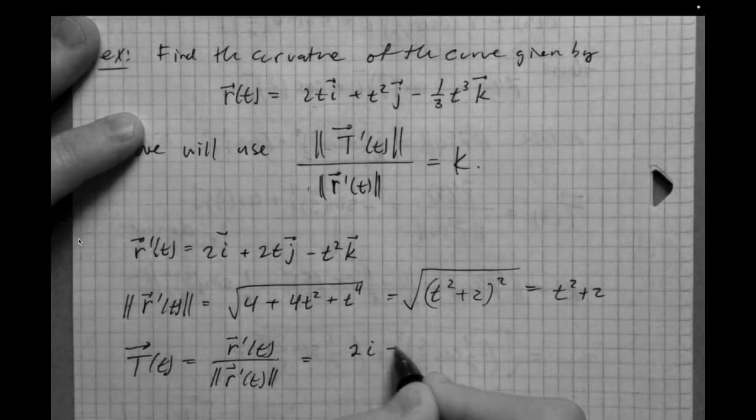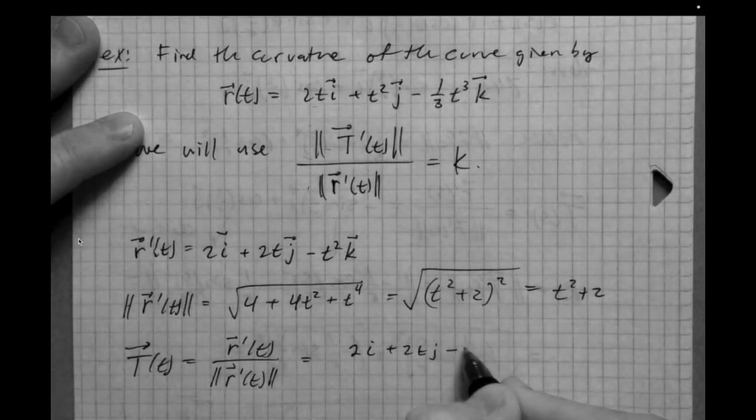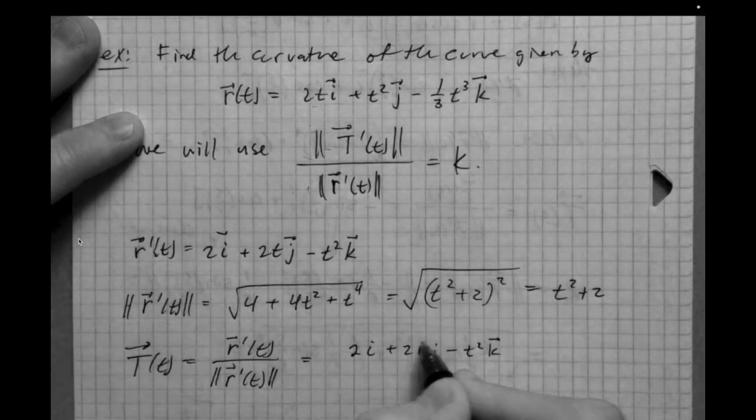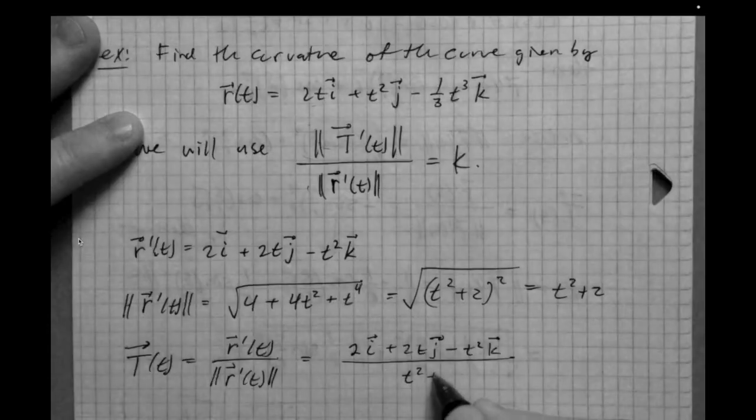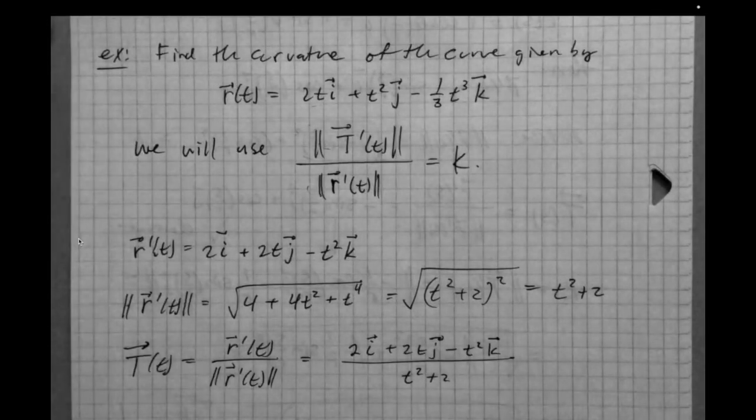We've got 2i plus 2tj minus t squared k. That's the numerator, and then this thing down here, t squared plus 2. All right, so that is our unit tangent vector. Now we need to calculate the derivative of this.